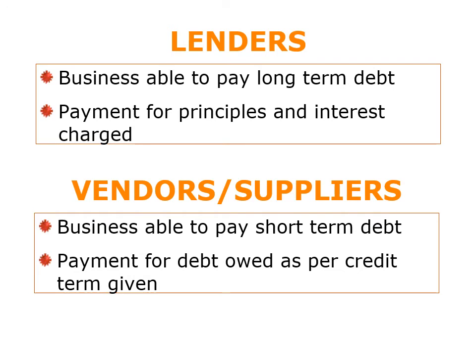Usually the suppliers will give, let's say, 30 days maximum to delay the payment. So if they give those terms, they are assured that the business they send the products to can pay within those 30 days. Otherwise, they will not decide to give credit at all.